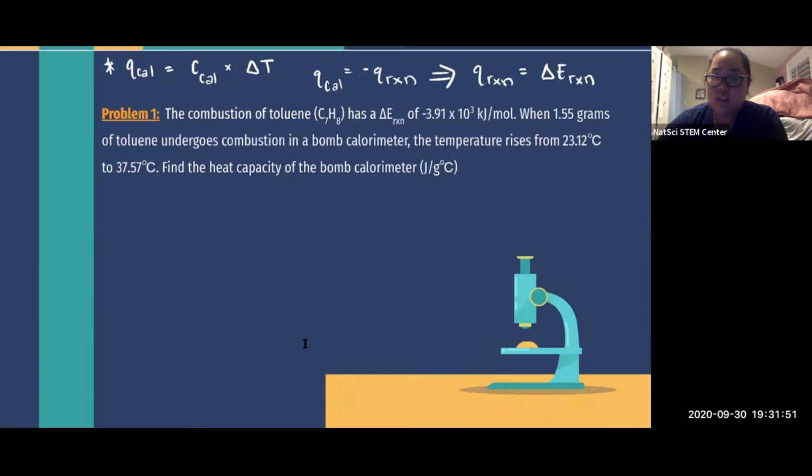So from this, we're going to read the question and derive an equation from it. The combustion of toluene has a change in energy of the reaction of negative 3.91 times 10 to the 3 kilojoules per mole.